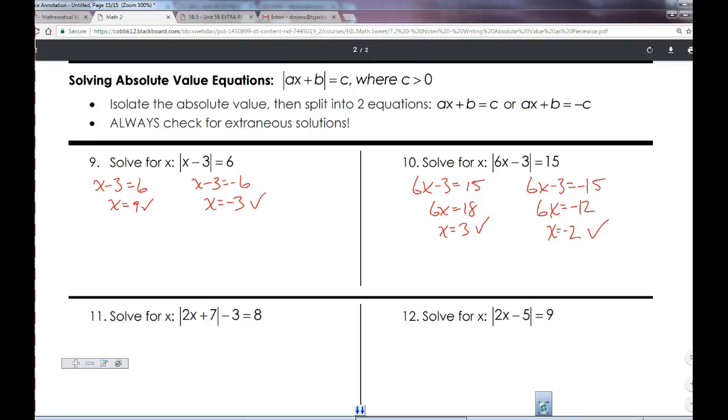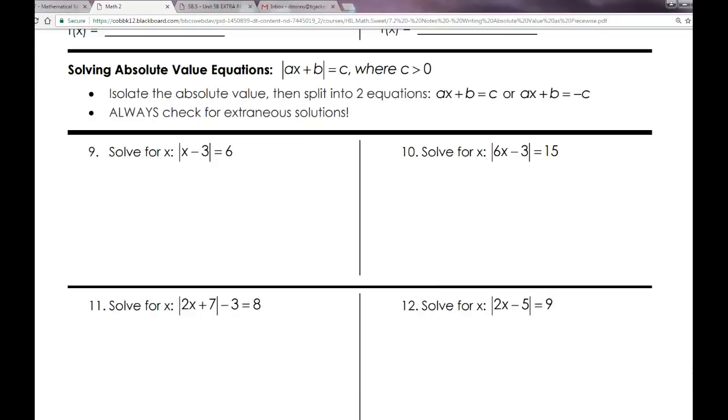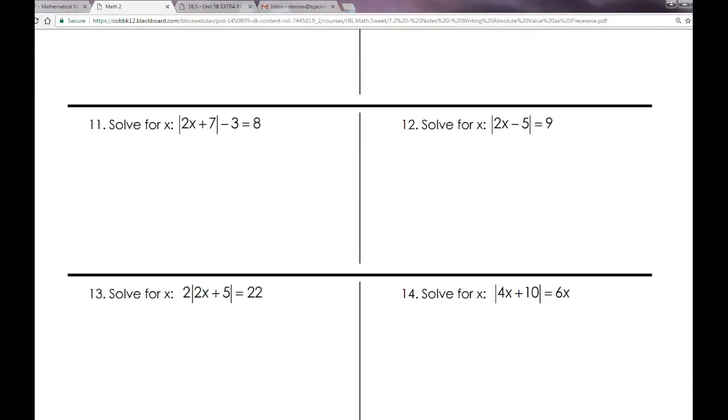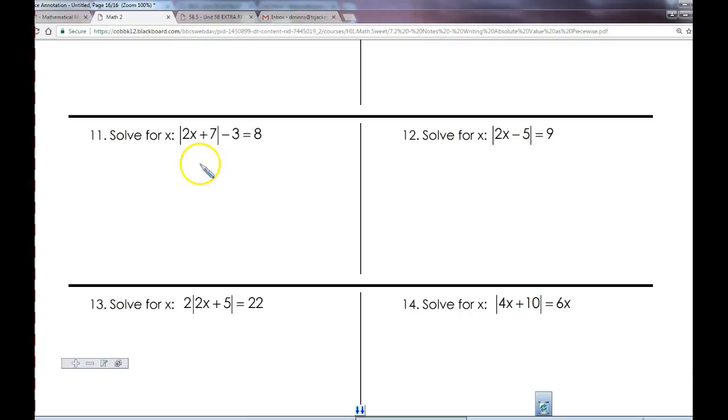Okay, moving down to number 11. Well, we've got to start off somewhat differently this time because I have a value here. My absolute value is not isolated. In order to isolate it, I've got to add 3 to both sides. That gives me the absolute value of 2x plus 7 equals 11.